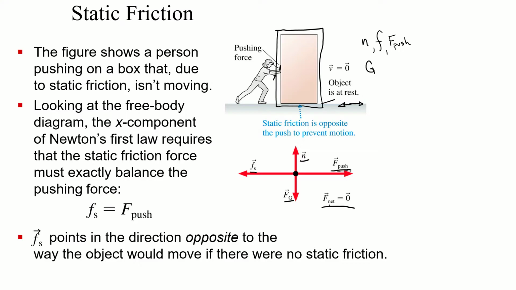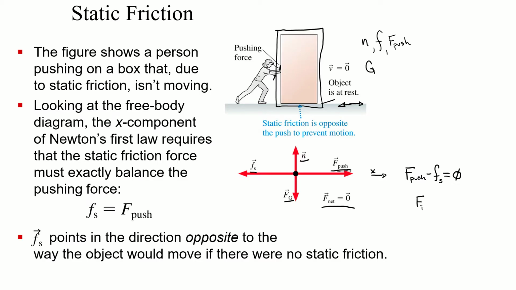That net force is going to be equal to zero in that case. So we can just look at Newton's second law, F net equals ma, and in this x direction, we have the force of the push minus the force due to static friction is equal to mass times acceleration. But since the acceleration in this case is zero, that's equal to zero.